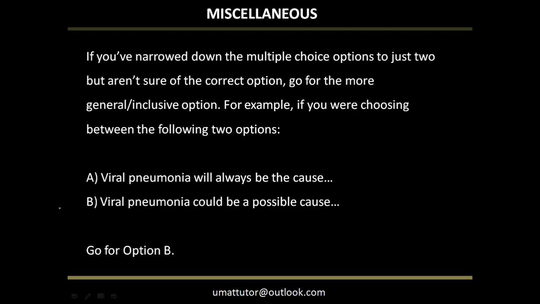It's saying it could be the cause, but it could also be caused by a number of other things. There are many variables, and so on. So always go for option B if you're stuck at this point, because for option A to be correct it's so absolute that you only need one thing to make it incorrect, whereas B is so much more general. So always go for the more general option.